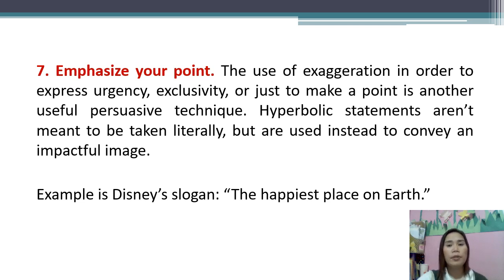So here, it is a subjective statement that makes use of hyperbole to immediately create desirable feelings for its audience, the children and their parents. All right, so that is the use of exaggeration or hyperbole.